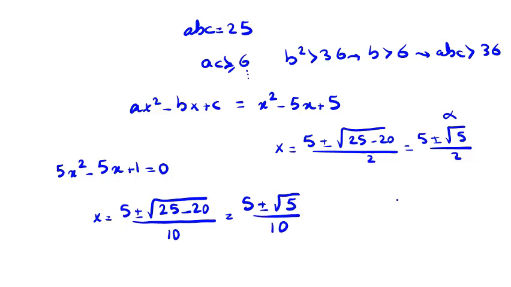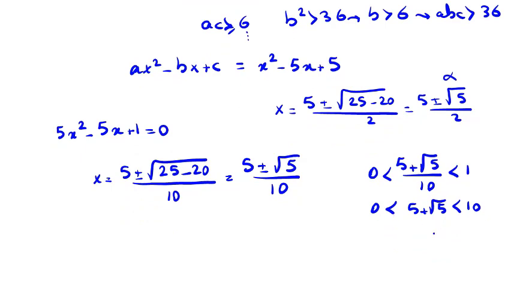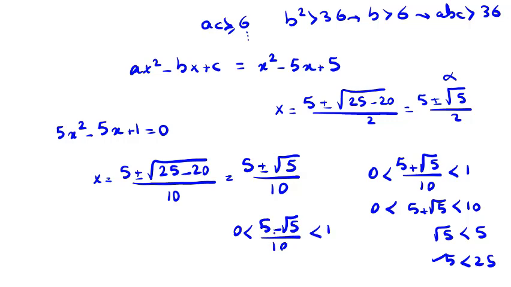So easily we can say 5 plus root 5 over 10 is less than 1 and greater than 0. Why? Because 5 plus root 5 is less than 10, which is equivalent to root 5 less than 5, so 5 less than 25, which is obvious. And in this case, 5 minus root 5 over 10 is greater than 0 and less than 1, so it is obvious that this is positive and also less than 1.